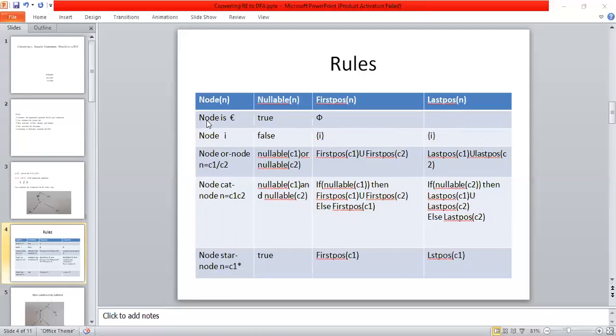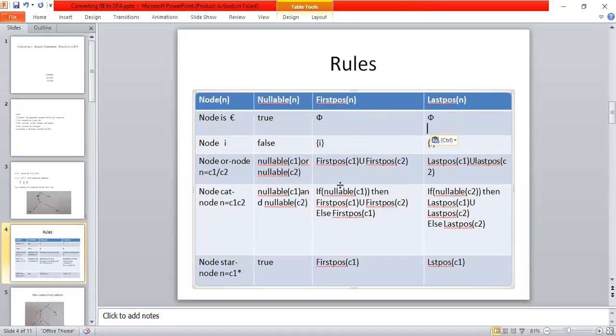Suppose the node is an epsilon, then its nullable is true, its firstpos is phi and its lastpos is also phi.